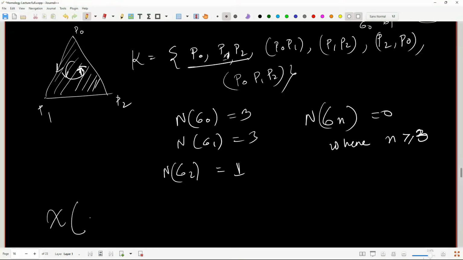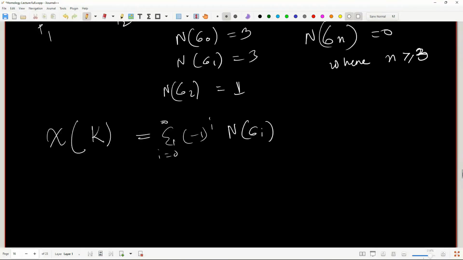So according to the definition of this Euler characteristic, this simplicial complex has the sum over i from 0 to infinity of minus 1 to the i times n of sigma i, and I write it as n of sigma 0 minus n of sigma 1 plus n of sigma 2, right?